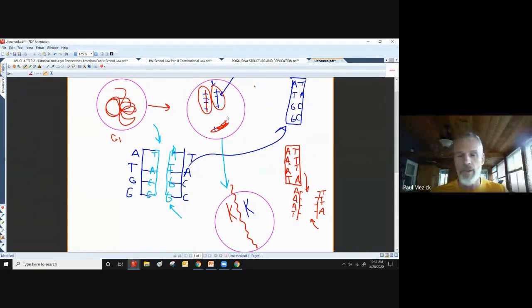If this cell separates right now in the middle here, and this one becomes its own cell, and this one becomes its own cell, you're going to have a cell that has 2 red strands. That's not exactly the same DNA as the original. You see what I mean? Yeah. Okay, so do you see how that's not the same as the original?